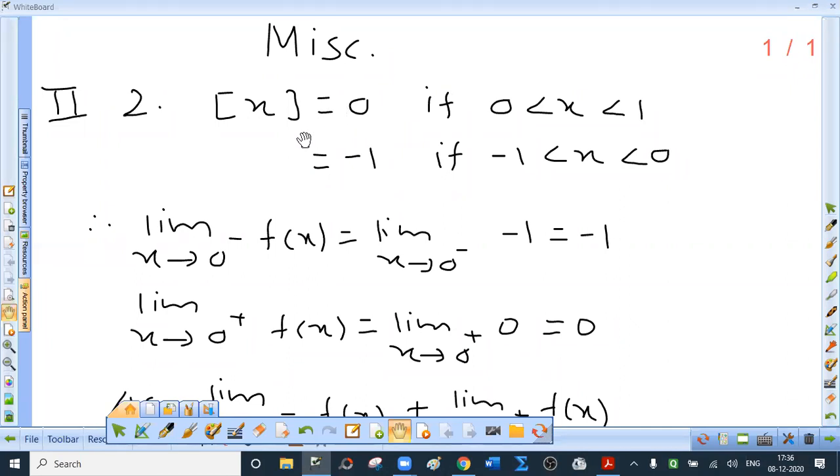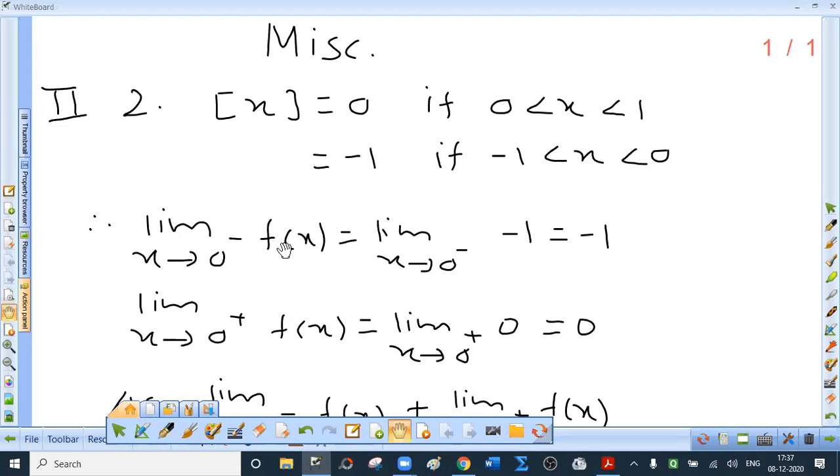And therefore I have written step x equal to 0 if 0 less than x less than 1, and step x is minus 1 when minus 1 less than x less than 0. Why? Because we consider the nearest integer but to the left.